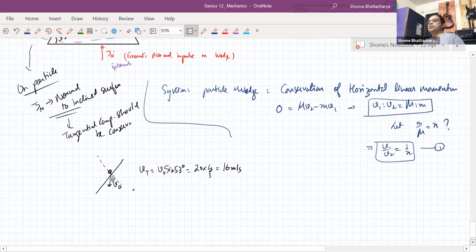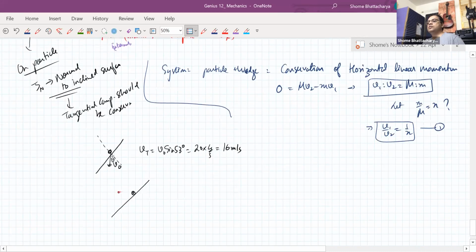the particle has a horizontal velocity of V1, which I've taken like this. So that is at an angle of theta like this.